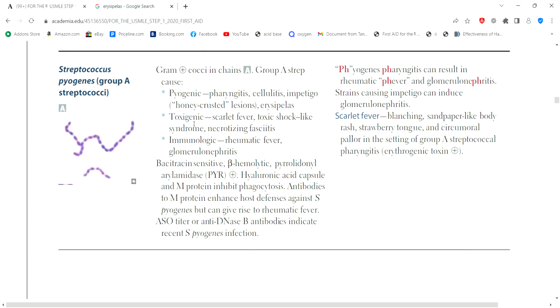And humans make antibodies to M protein that protect against Streptococcus pyogenes, but can unfortunately give you rheumatic fever.